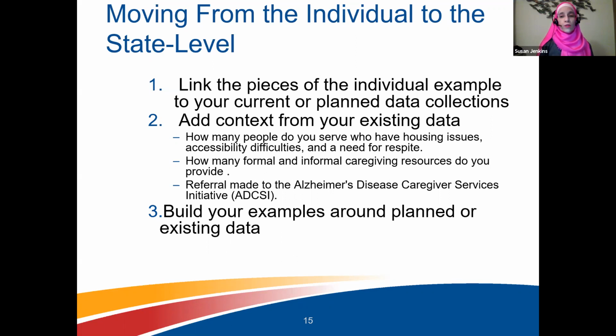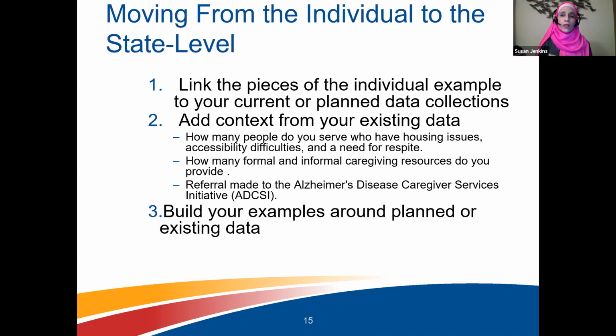So in this case, for the second example, how many people do you serve who have housing issues, accessibility difficulties, or need for respite? If you have large percentages of the people you serve that have these things, you can provide that contextual data and then say, here's an illustrative example of that.